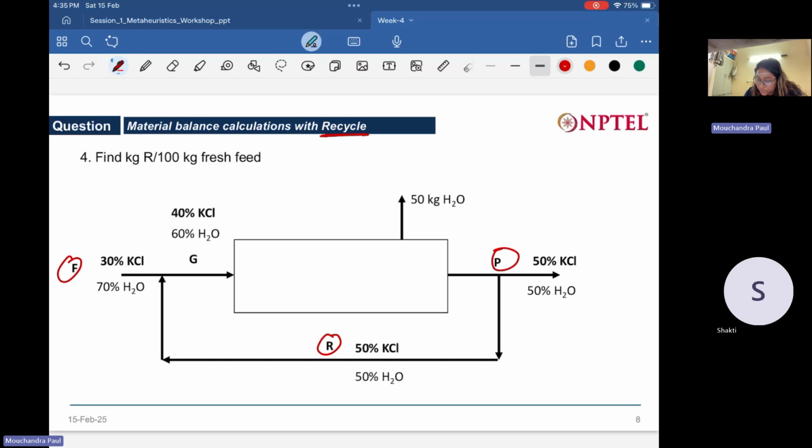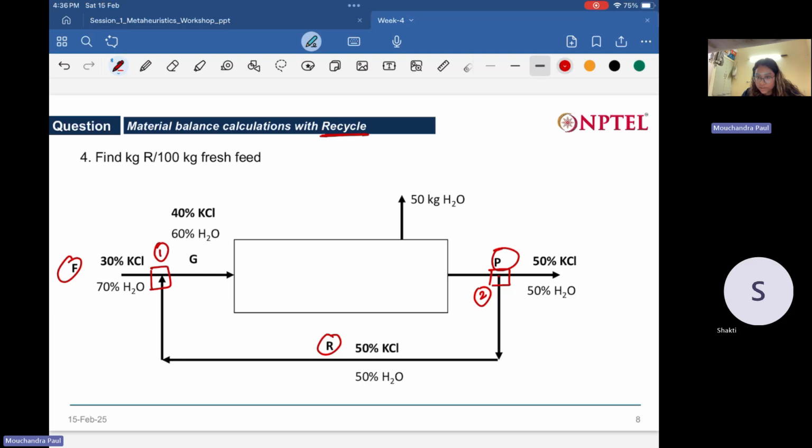So there are two mixing points, 1 and 2. At point 1, the recycle stream is getting mixed with the feed and you get a separate feed, a mixture of these two, entering the process. Whereas at point 2, the product that is coming out is getting divided into two components.